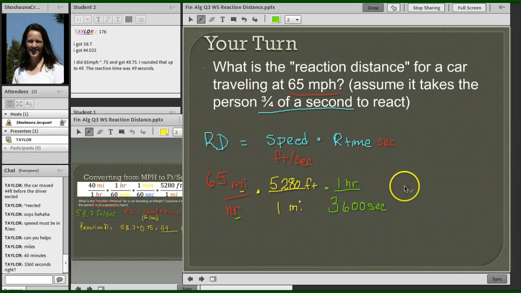Okay, then in our calculator, we're going to do 65 times 5,280 all over 3,600. So crunch those numbers.